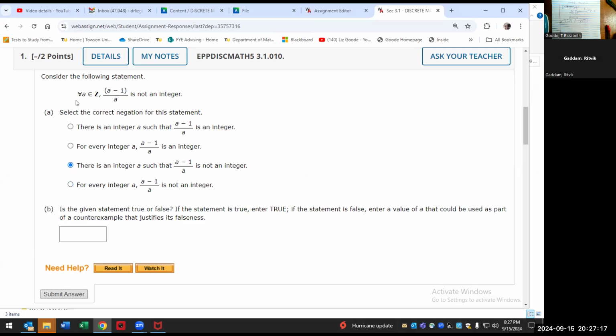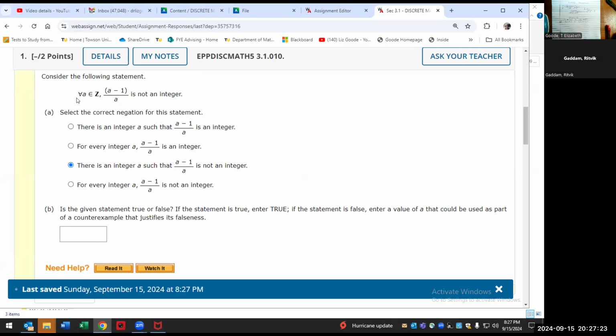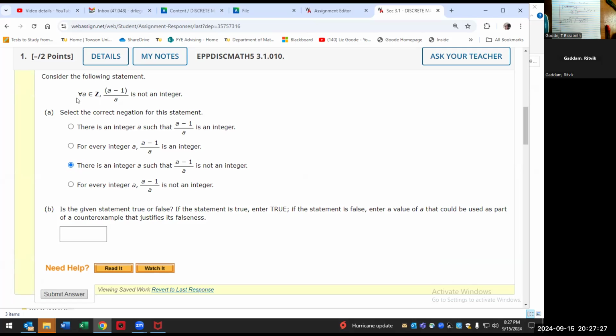Okay. For some reason, I think the answers are positioned differently. Oh, okay, so now I see what you're saying. So it's got to be this one or this one, because these are the only two that say there is, or there are, or there exist, you see?